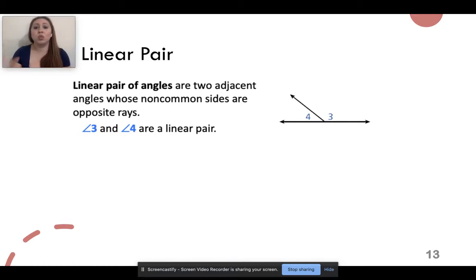Again, it's two angles that I can put together to make a straight line. That should also equal 180 degrees. I'll talk more about that tomorrow. But if you add that, this should equal 180 degrees. That would be beneficial. But again, all of this is vocabulary that you guys will need for this unit and next unit.